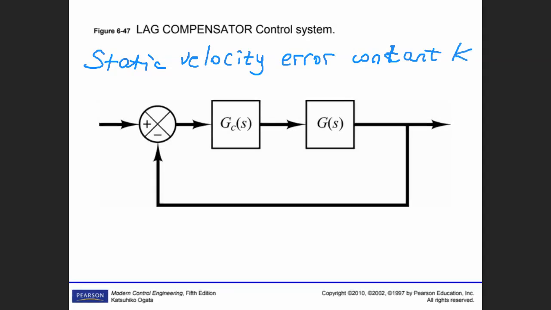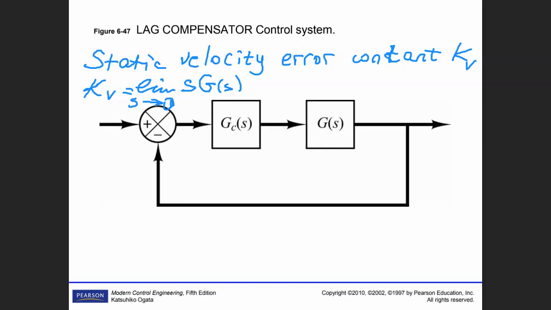You remember we reviewed that one. Kv is equal to limit s goes to 0 of s G(s). We just reviewed that one.